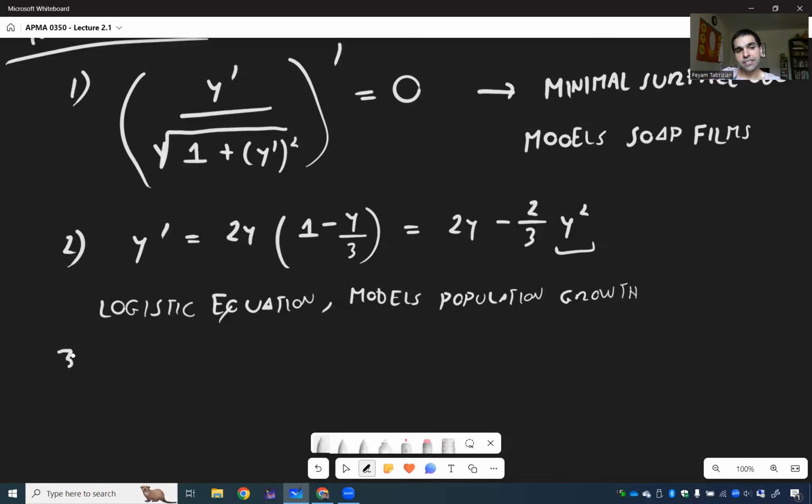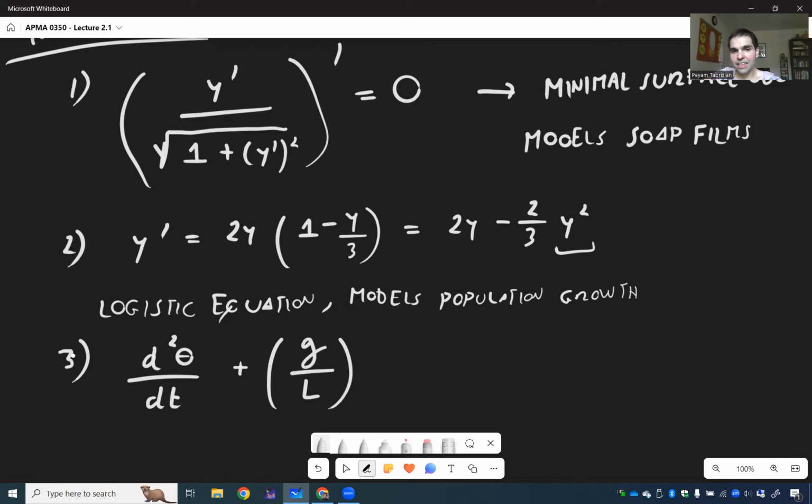Last but not least, there's an important equation in physics called the pendulum equation, which can be written as follows. So the second derivative of an angle plus g over L, so gravitational constant over length, sine of theta equals 0, and that's called the pendulum equation.